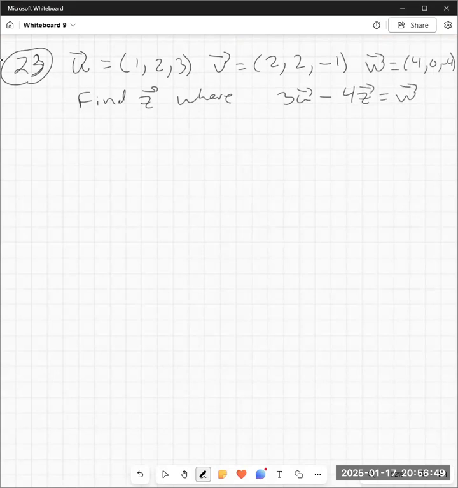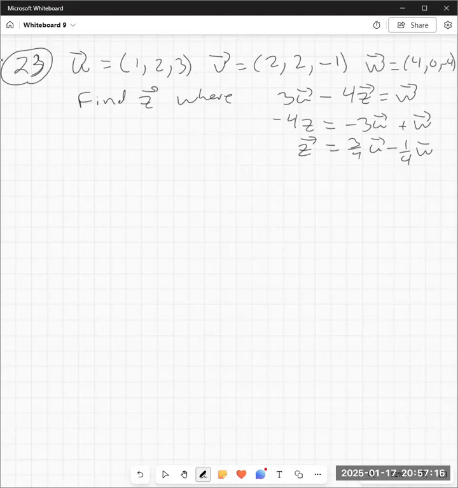So we're going to rearrange that and make that negative 4z is equal to negative 3u plus w, and z is going to be equal to 3/4 u minus 1/4 w when we multiply everything by negative 1/4 left and right there.